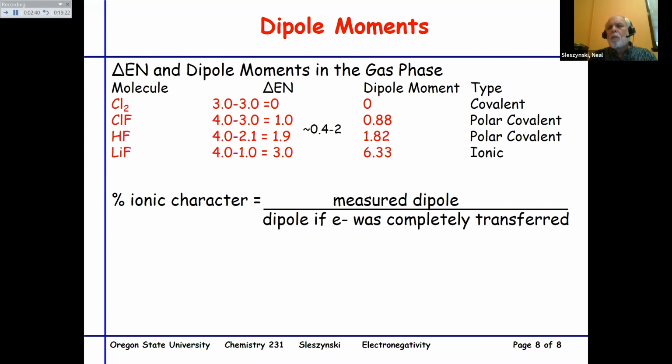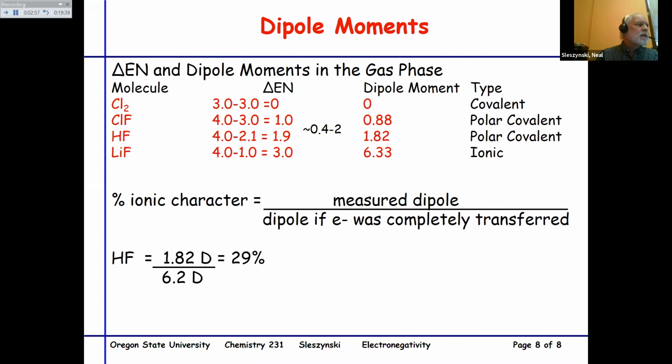In general, we have the ability to calculate a percent ionic character, which is the measured dipole divided by the dipole we would get if we completely transfer that electron from one element to another.